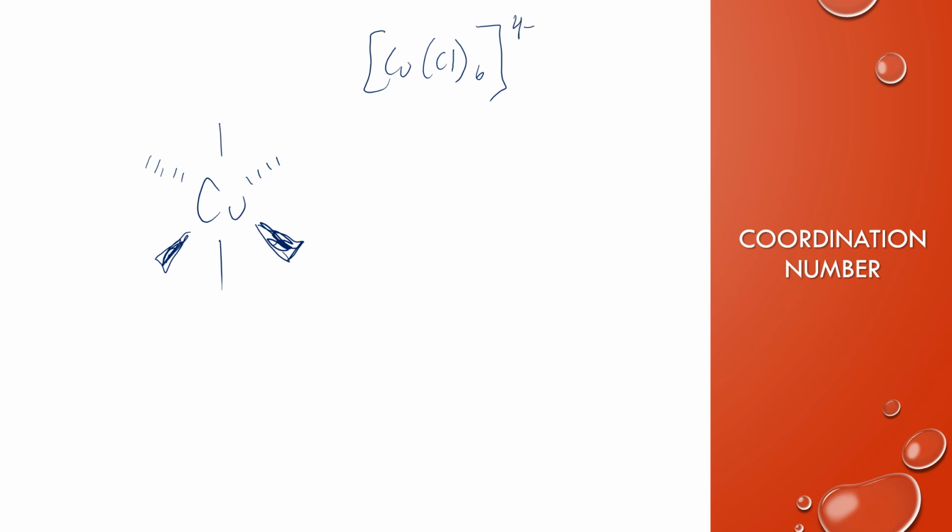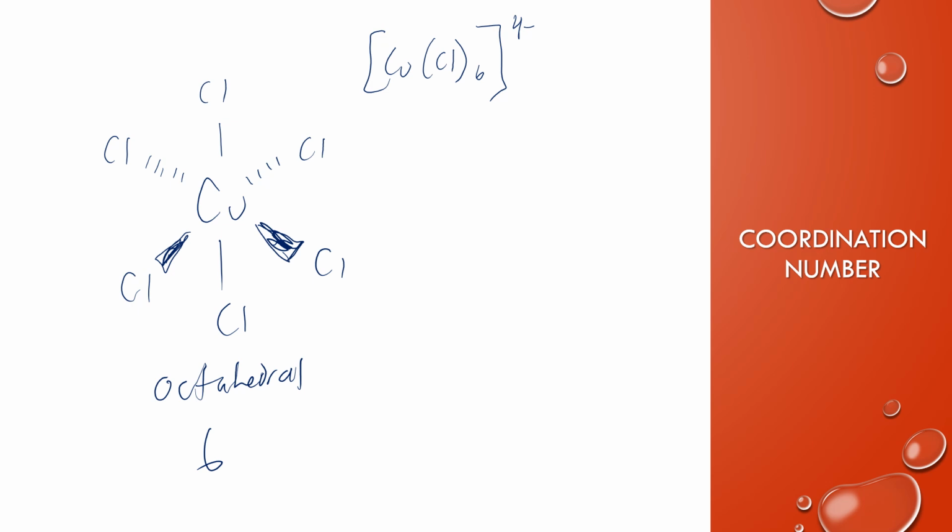Okay, so that's the complex. And there are 6 chloride ions attached to the central copper. So they will orient themselves in a way that is octahedral around that central copper transition metal ion. And because there are 6 coordinate bonds around the central copper, we say that its coordination number is 6.